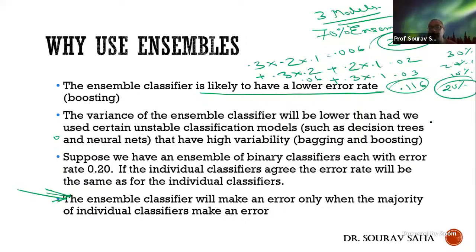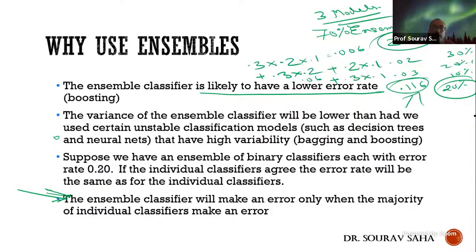But in reality, this error rate is almost half of what you got from the average. So the ensemble will have a much lower error rate compared to each of the individual classifiers. That is the beauty of this ensemble technique.